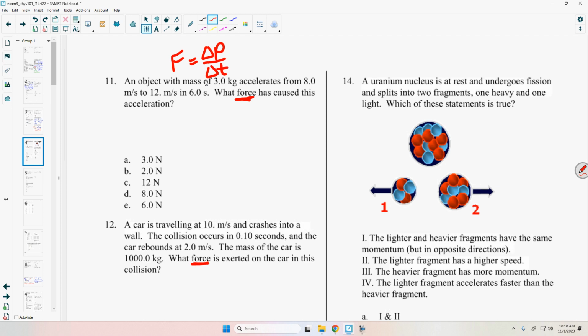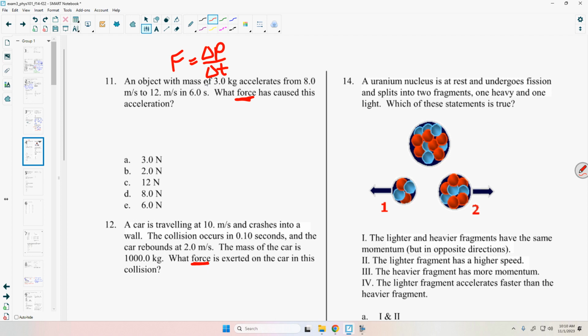I know that the force is equal to delta P over delta T. That's a rewriting of Newton's second law, used to find the force. And that would be for number 11 and for number 12.